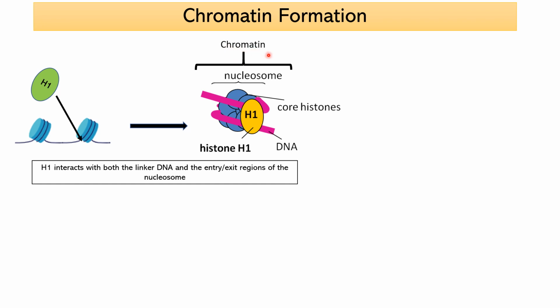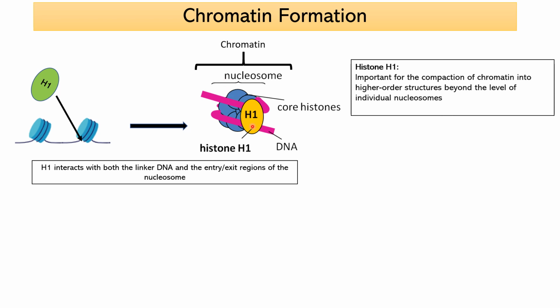So chromatins have different levels of complexity, and this form is the simplest unit of chromatin. The presence of histone 1 is very important for the compaction of chromatin into higher order structures that are more complex and more compacted, and all that is in the journey to form a chromosome at the end.